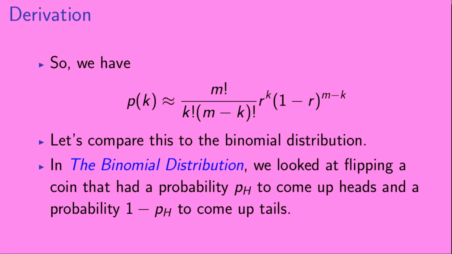Okay, so we have our expression for p of k. Let's compare this to the binomial distribution. In the video The Binomial Distribution, we looked at flipping a coin that had a probability ph to come up heads and a probability 1 minus ph to come up tails.